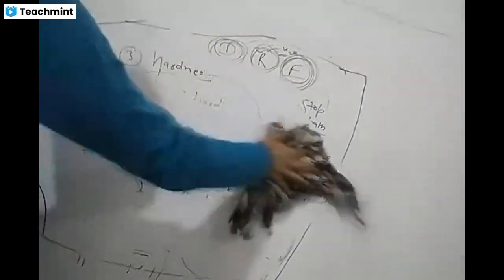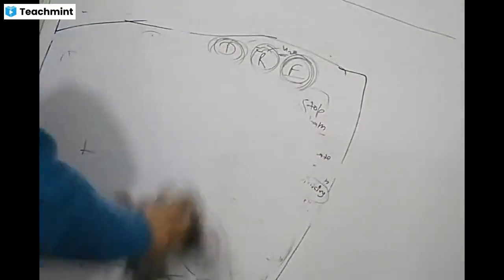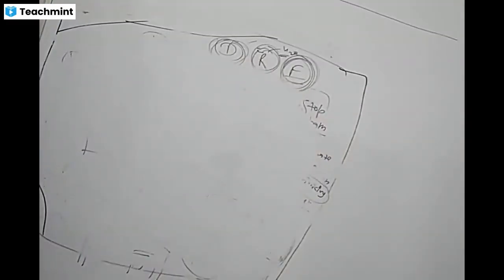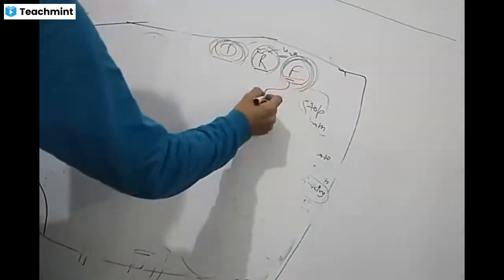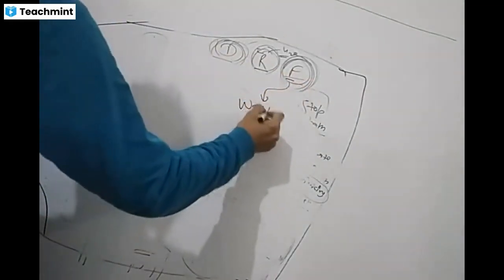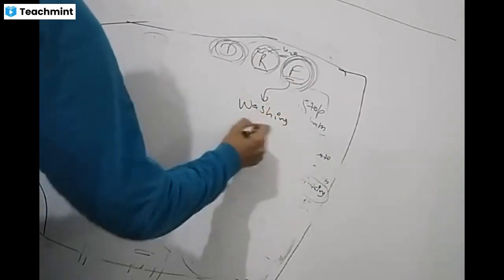Then what is the purpose? Why make it more hard? Because developer, rinser, fixer. After this, the steps are washing and drying.